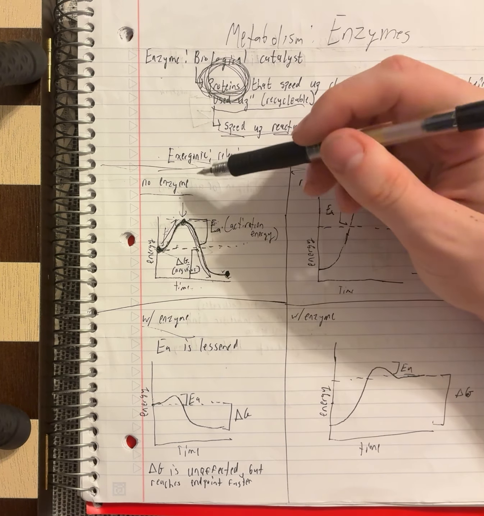Again, let me say that again. This delta G is positive because in the system, so within this molecule that I've built, I have had to put in more energy than I started with. The product is higher energy than the reactant, so I had to add energy to the reactant.